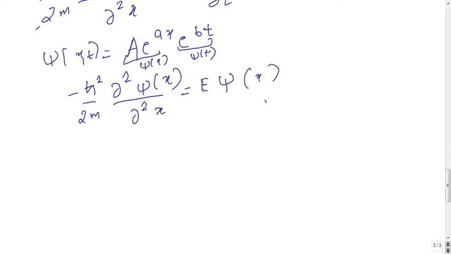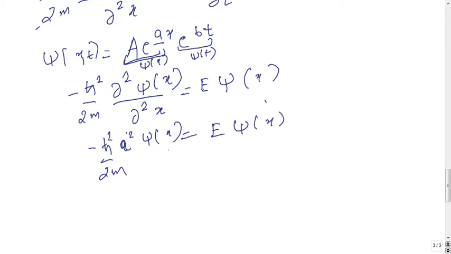If you note, the double derivative of the spatial part would give me a number, a squared, times xi of x, minus h bar squared by 2m, equal to E times xi of x. This would give me a squared as 2mE by h bar squared.